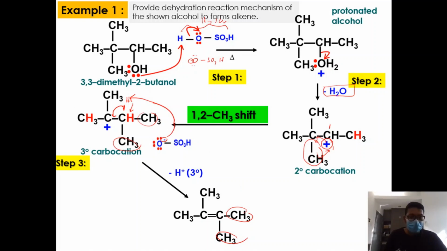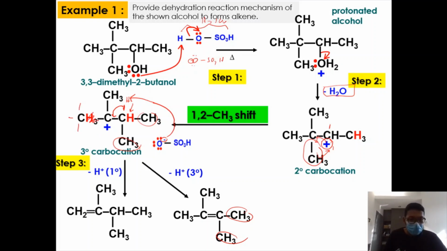For this side, you can also remove this hydrogen here, where if you remove this hydrogen, you're going to get a primary alkene. Okay, so if you were to expand the structure, H, H, H, and our lone pair or our negative charge can be used in order to attack the hydrogen, and our single bond here is going to move to the center here.